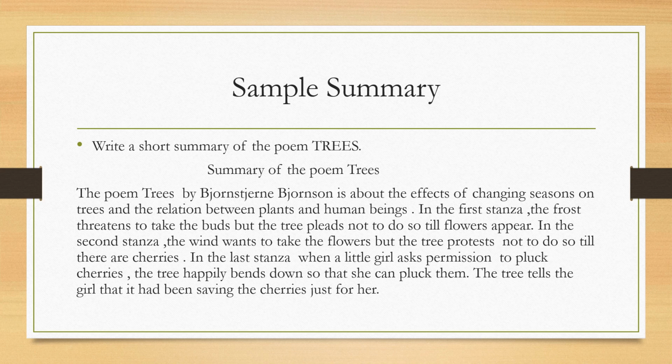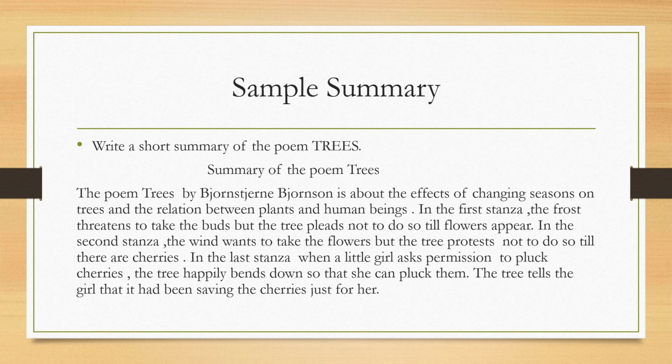Here, the poem Trees by Bjorn Bjornson is about the effects of changing seasons on trees and the relation between trees and human beings. This is the main sentence or the main idea.